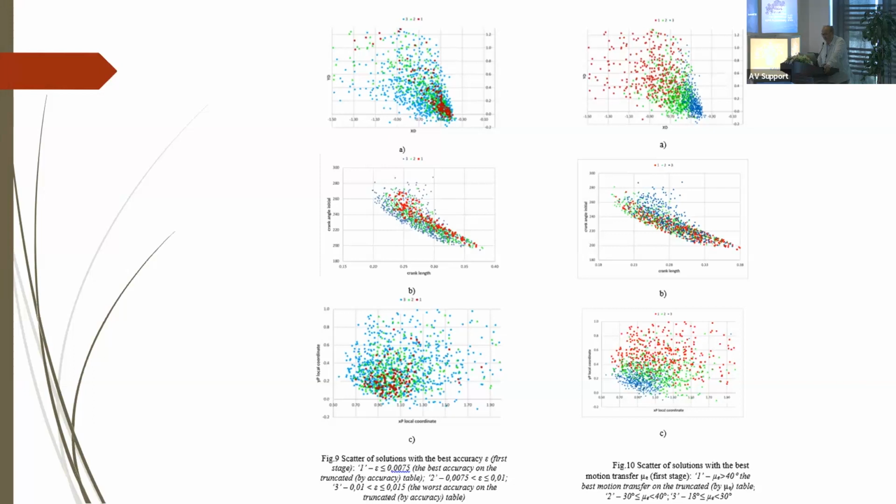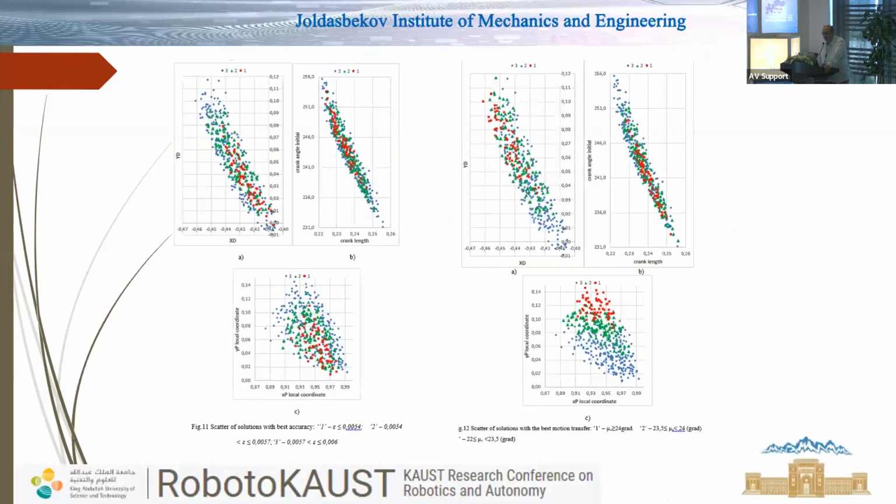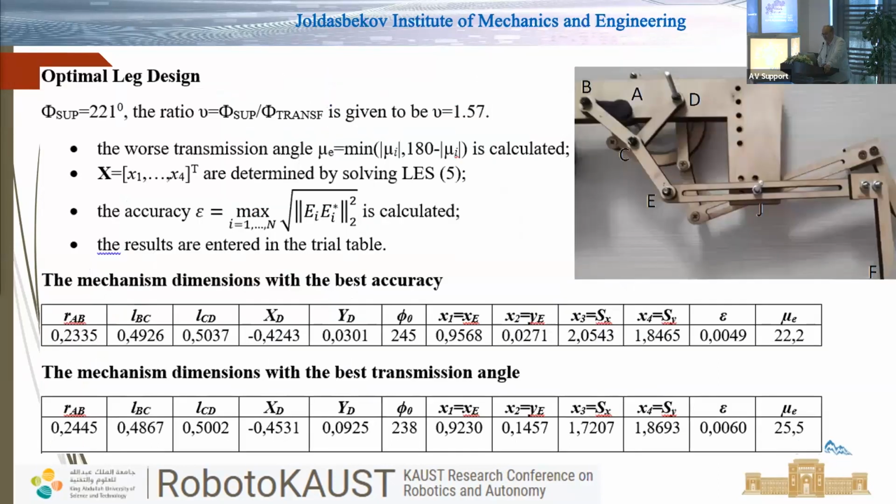And we see that we have conflicting criteria, accuracy and force transmission. Such problems always arise in mechanical constructions, and the problem is to find a compromise solution. And we have not 2, but 4 such design criteria, and we deal with a multi-criteria optimization problem.